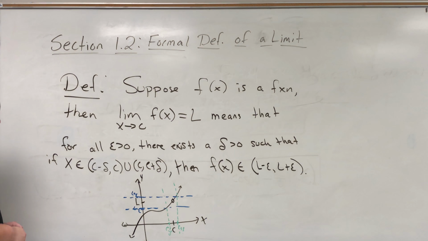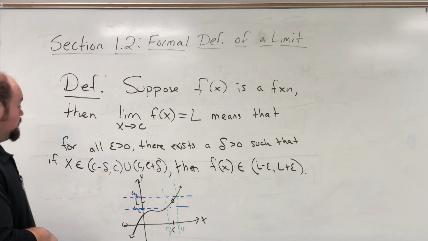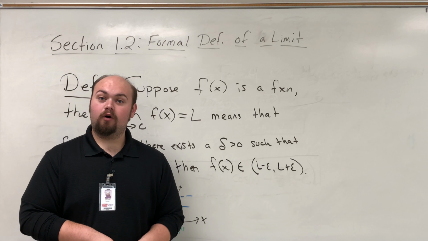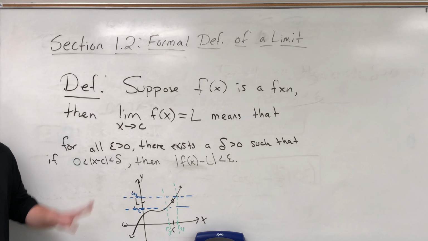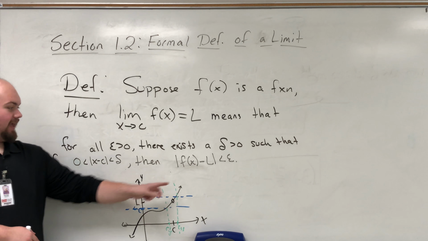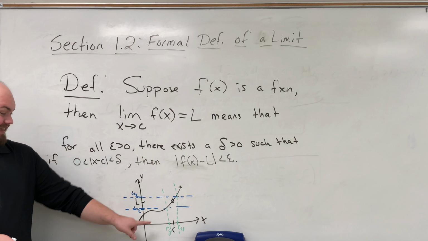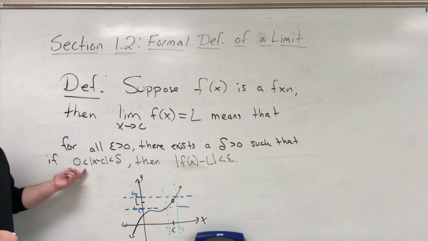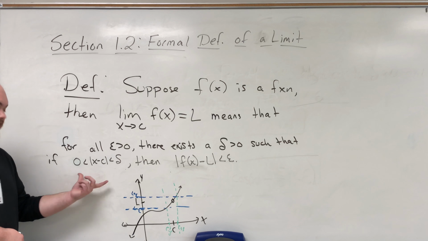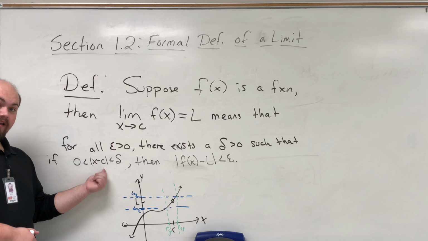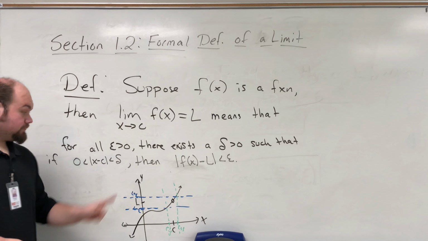Now another way we can write this is to exclude this notation and change it to an absolute value inequality notation. So let's look at that. So here is the same definition, just written using the absolute value inequality notation to say this exact same picture. And what this means is that we are in a punctured interval centered at c with a radius of delta.